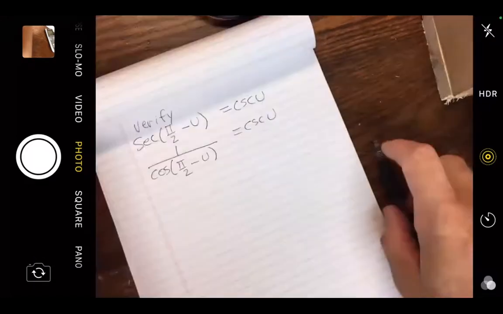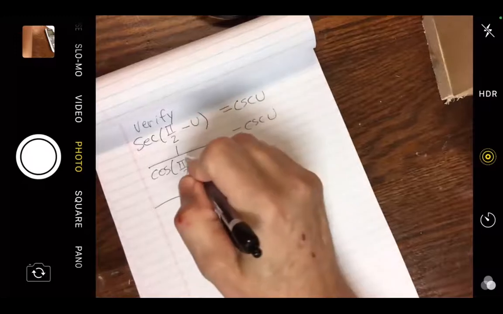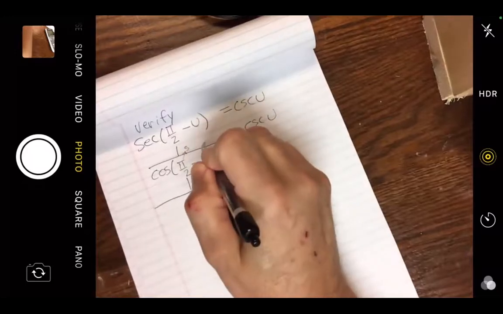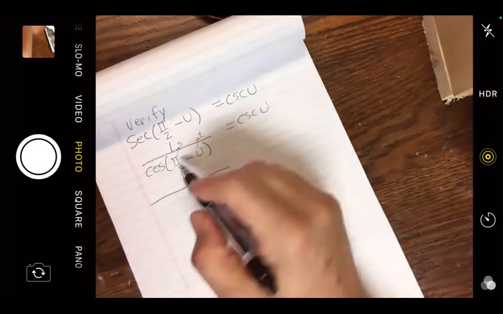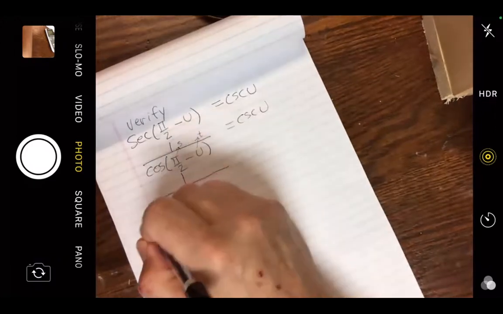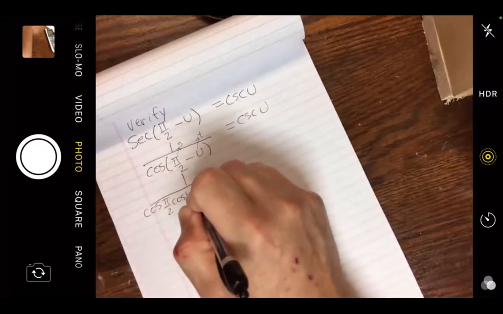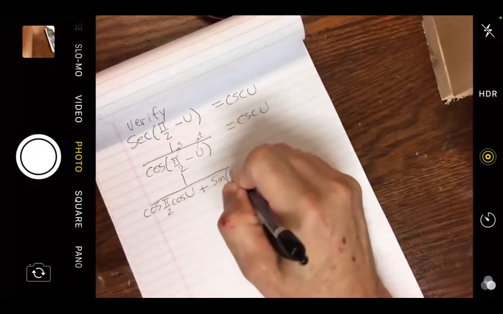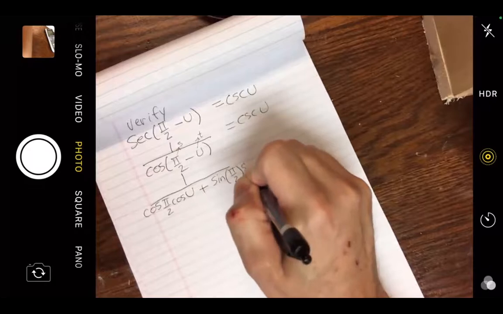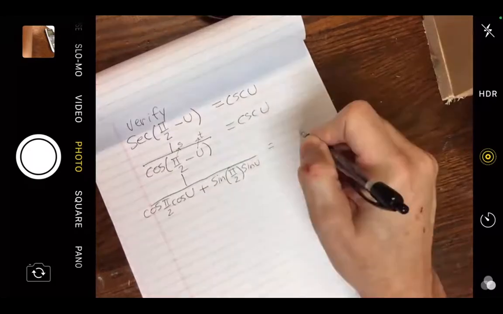Okay. So that's going to be 1 over, see, this is going to be like your s. This is going to be like your t. So a cosine of these things goes cosine of both. And then you do an opposite sign and sine of both. Cosecant of u.